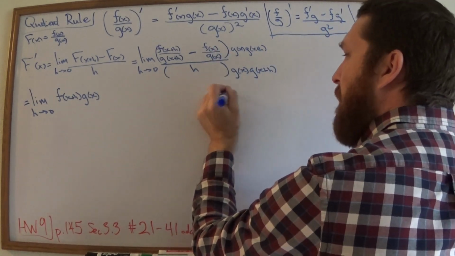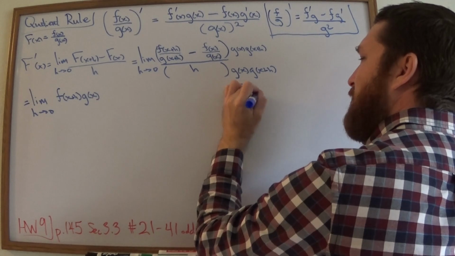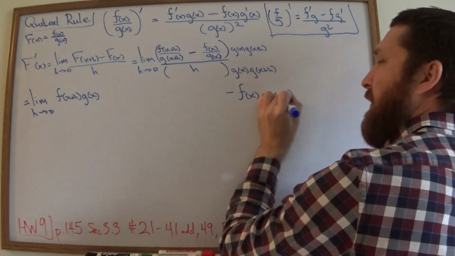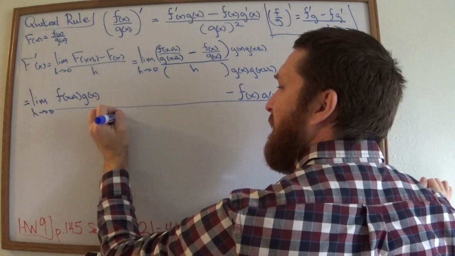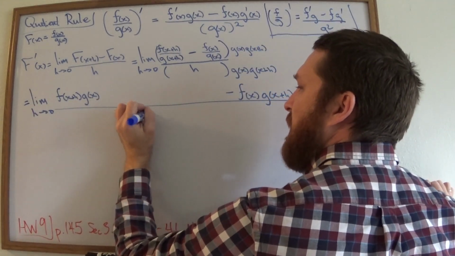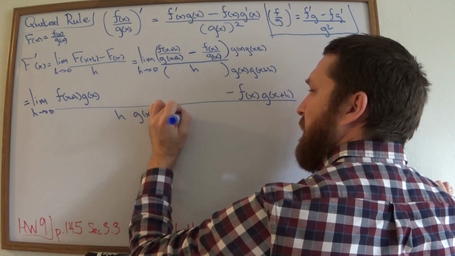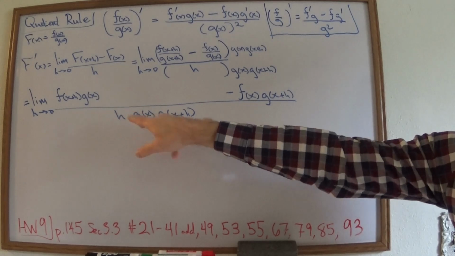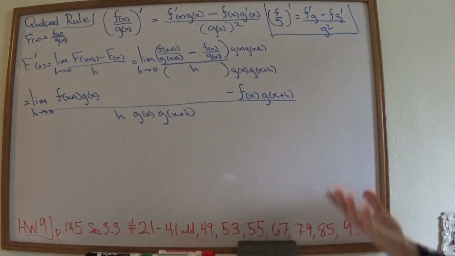So I have minus, you see how I'm giving myself some room here, because I'm anticipating what's about to happen. Now in the bottom, I have an h and a g and another g. The denominator is just h times that stuff.